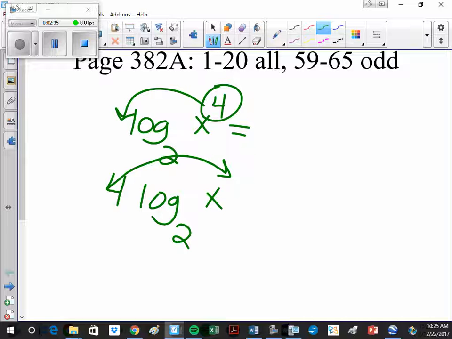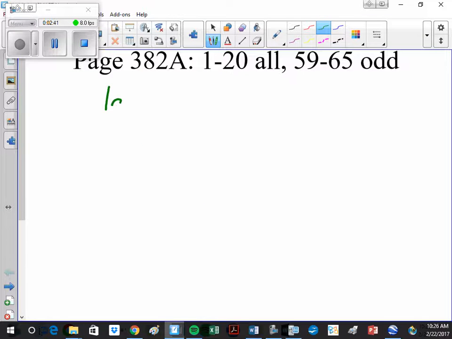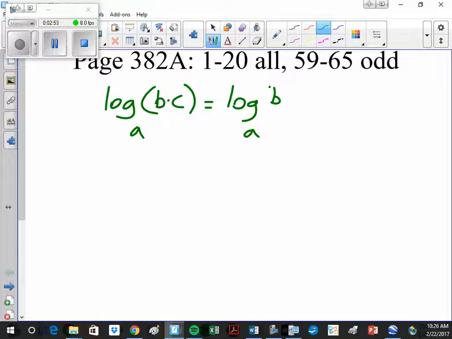Okay. There's another rule called the product rule. And the product rule says this. Log base A of B times C is exactly the same thing as log base A of B plus log base A of C. That is called the product rule.